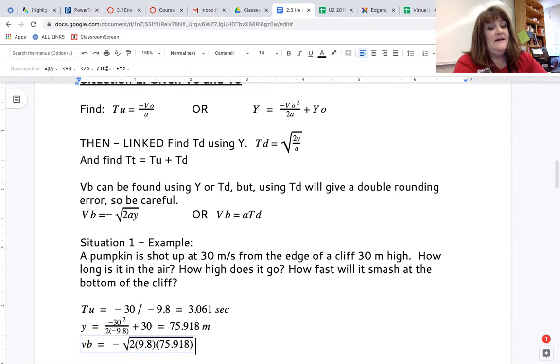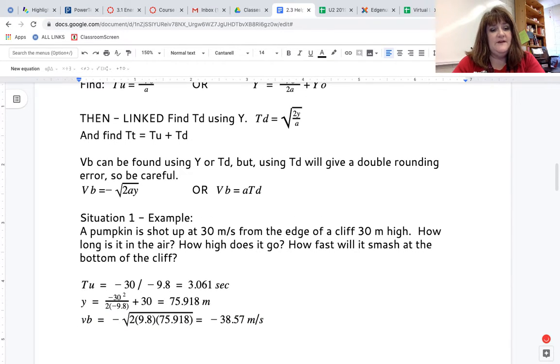Grab that handy dandy calculator that I know you went out and got because you're told to, because you need it. 75.918, and you should get a negative 38.57 meters per second.